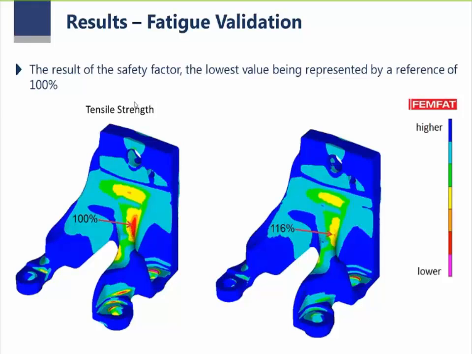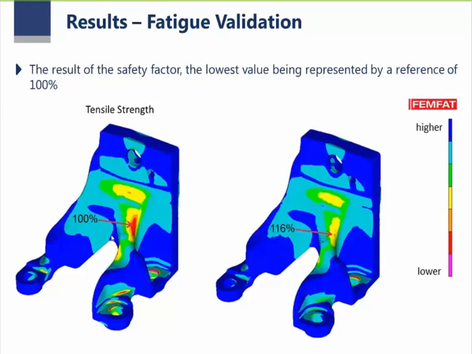Without considering both factors, you remember about 100% for the critical region, and keeping the same scale, considering the properties, residual stress and the variation of fatigue limit due to the variation of tensile strength, now we have got 116%, so 16% more than the original model.